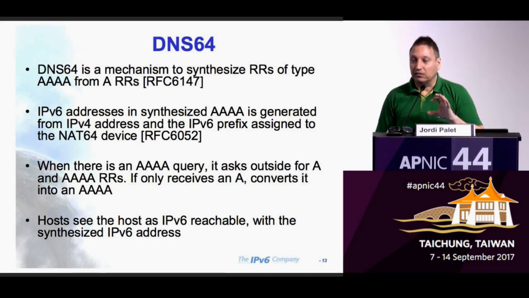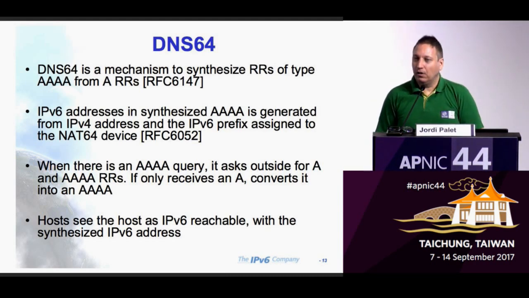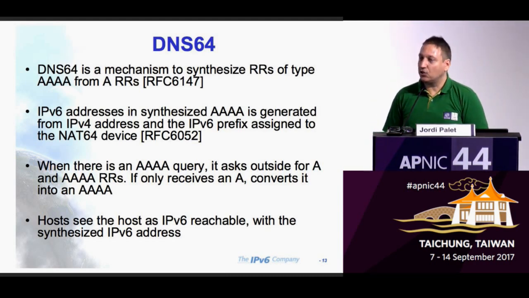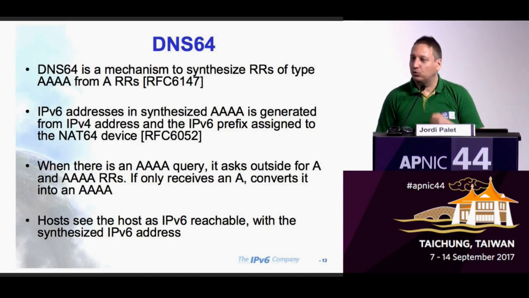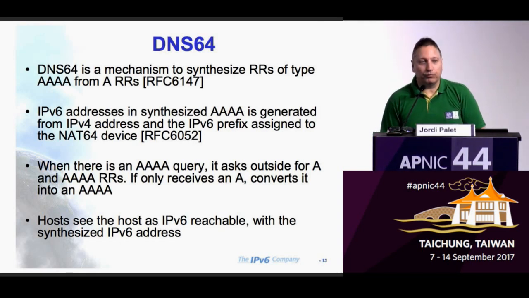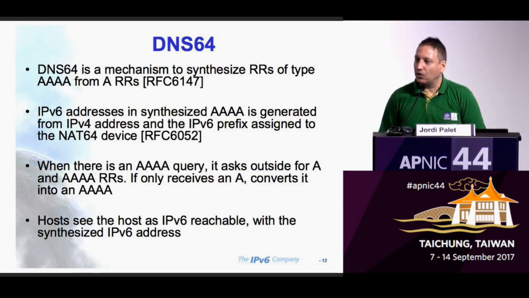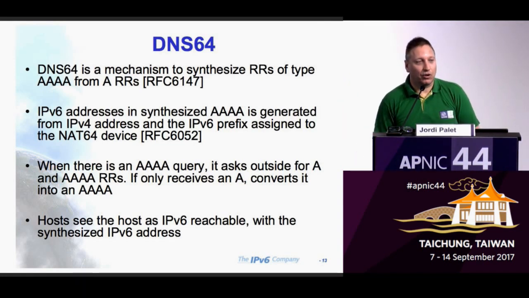So it means the DNS will find an A record and will say, hey, this is going to be accessed from an IPv6 only network. So we need to add the well-known prefix before the 32 bits of the IPv4 address. So we have in total 128 bits of IPv6, okay?